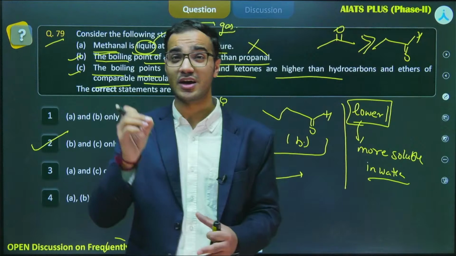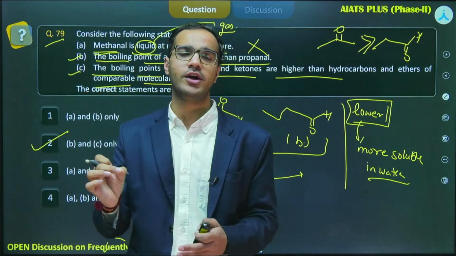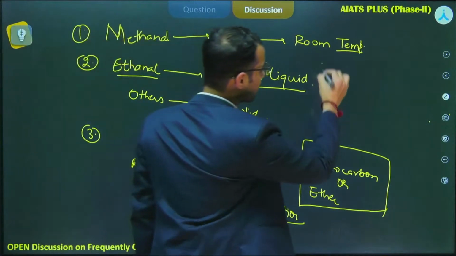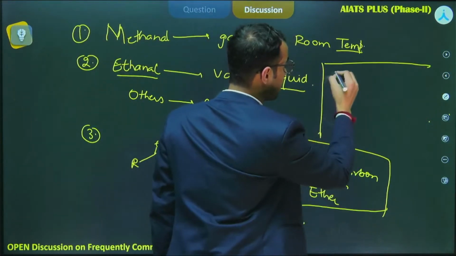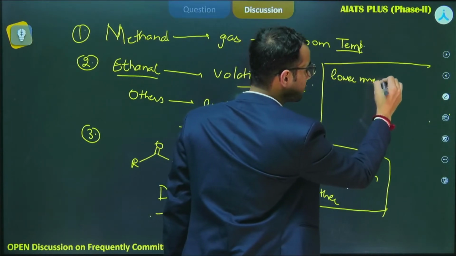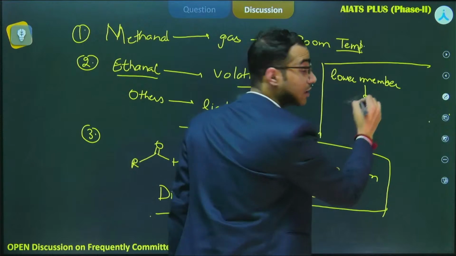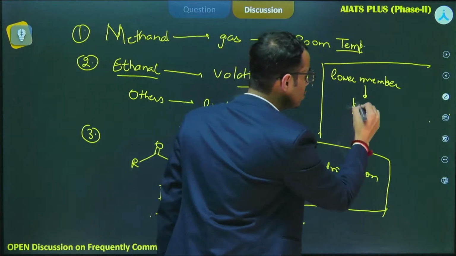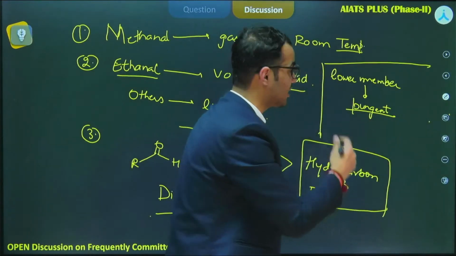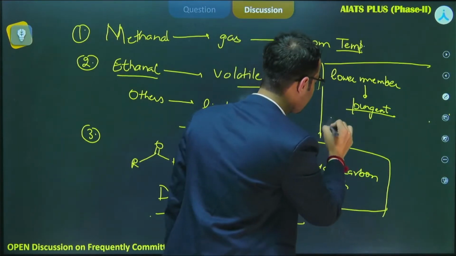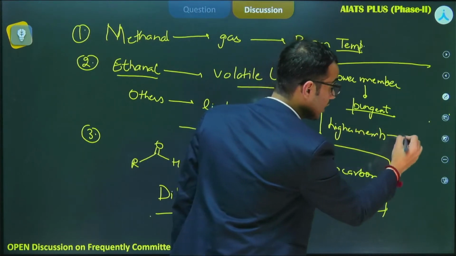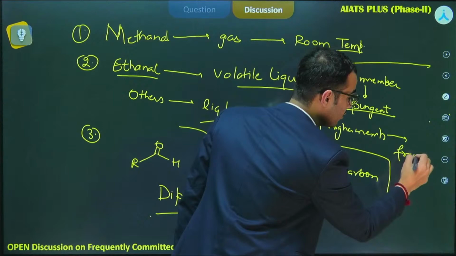And always remember a clearly distinguishing point: the lower members, in terms of smell, are pungent, and as we move to the higher members, they are fragrant.